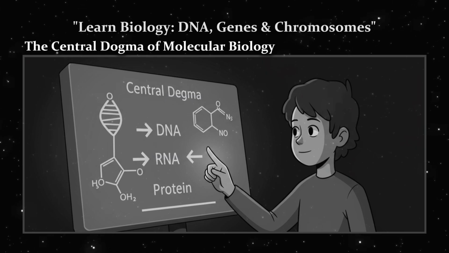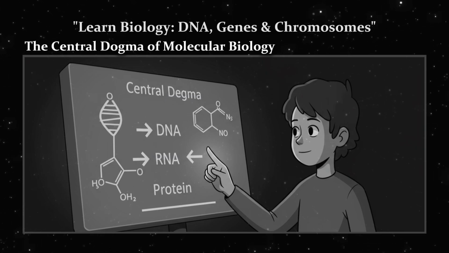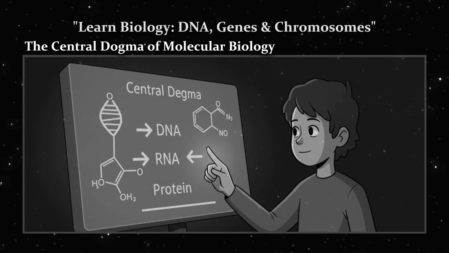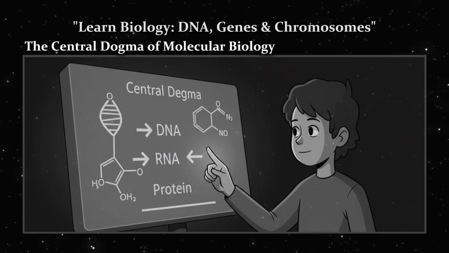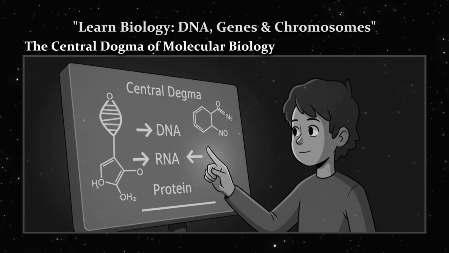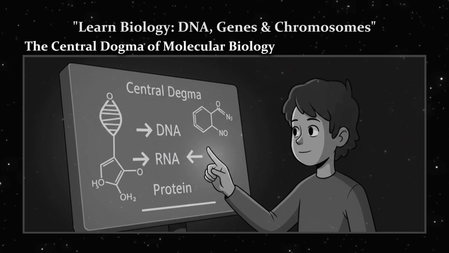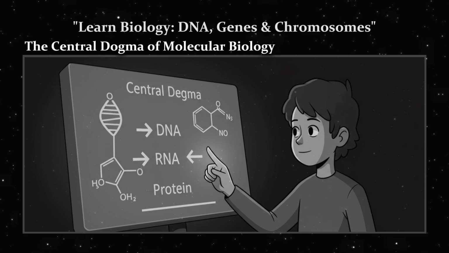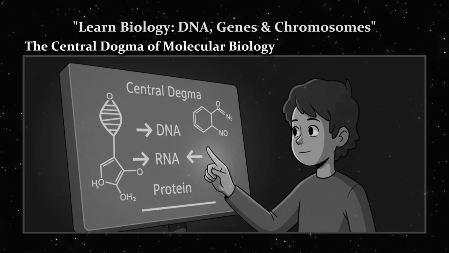This piece of paper is RNA. You then carefully, letter for letter, transcribe the recipe from the master book onto your piece of paper. This process is transcription. The master book, DNA, is closed and placed safely back on the shelf, unharmed. Your piece of paper, the RNA, now carries the complete instruction.